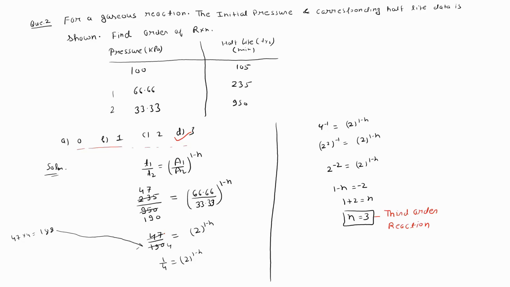The reason behind it is that all these data are experimental, and in an experiment you may have made some mistakes. There is plus or minus 2% of error in the experiment. So from that point of view, it should be 188 and it should be 1 by 4 actually.